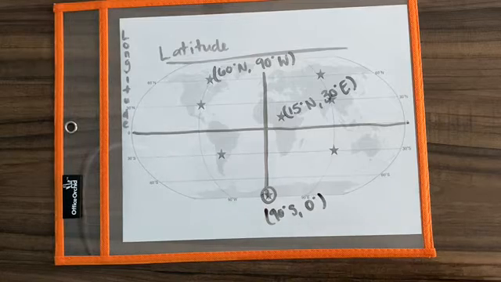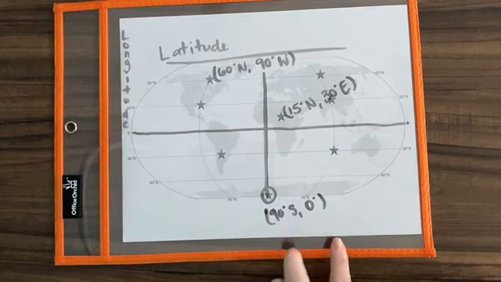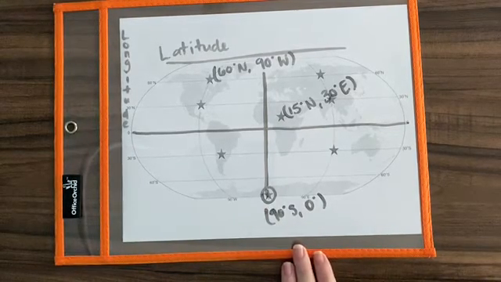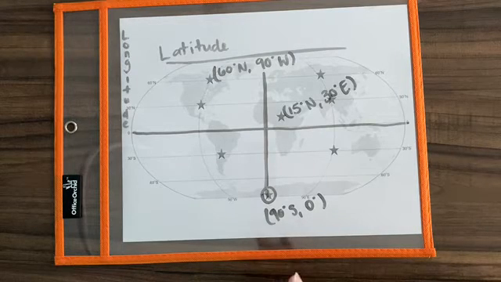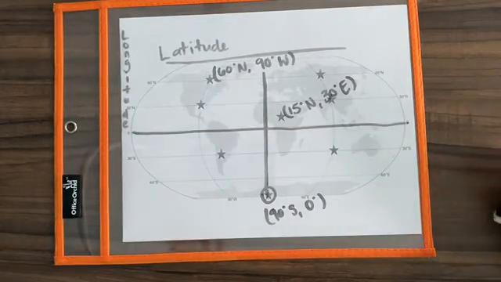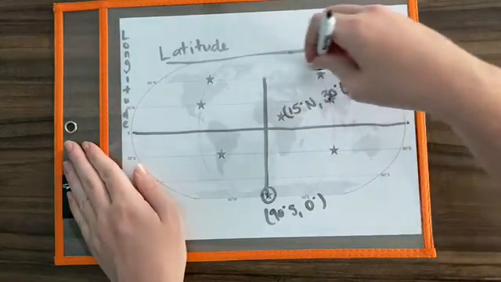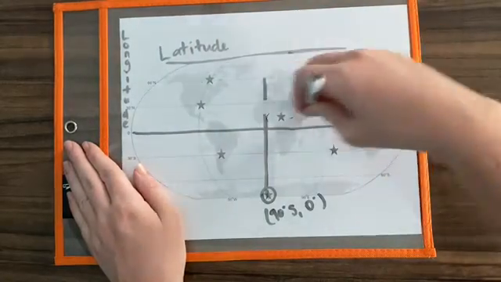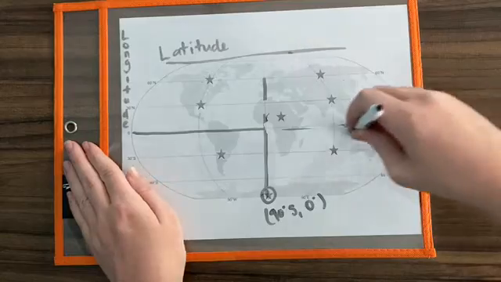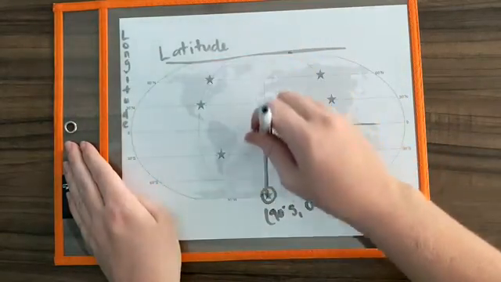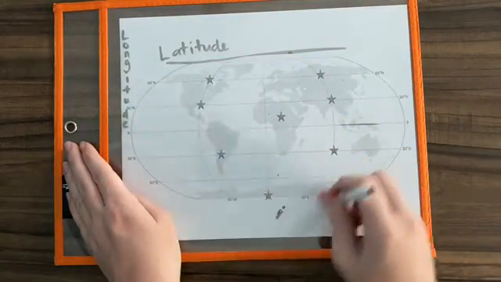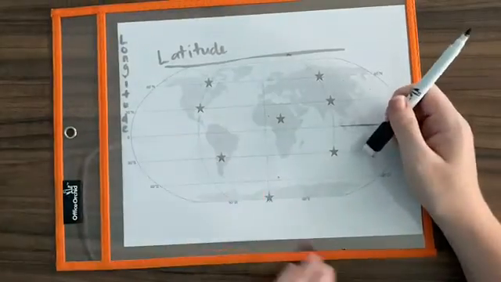All right, so I'm going to erase what I have here, and then you're going to try a few yourself, and we're going to do them together after you've had a minute to try, okay? So I'm going to erase all the lines I've made so that you can see to do a few yourself.